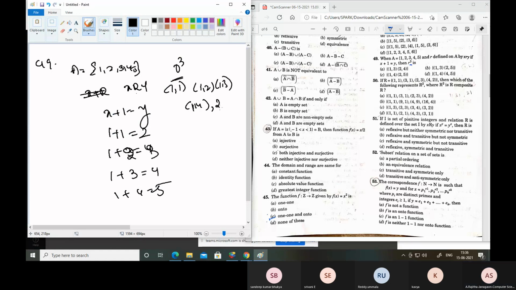Next 2 1, next 2 2, next 2 3. 2 3 completed. 3 2 is completed. Next 3 1 is also there. 3 1, 3 2 and 4 1. So these are in the first time.